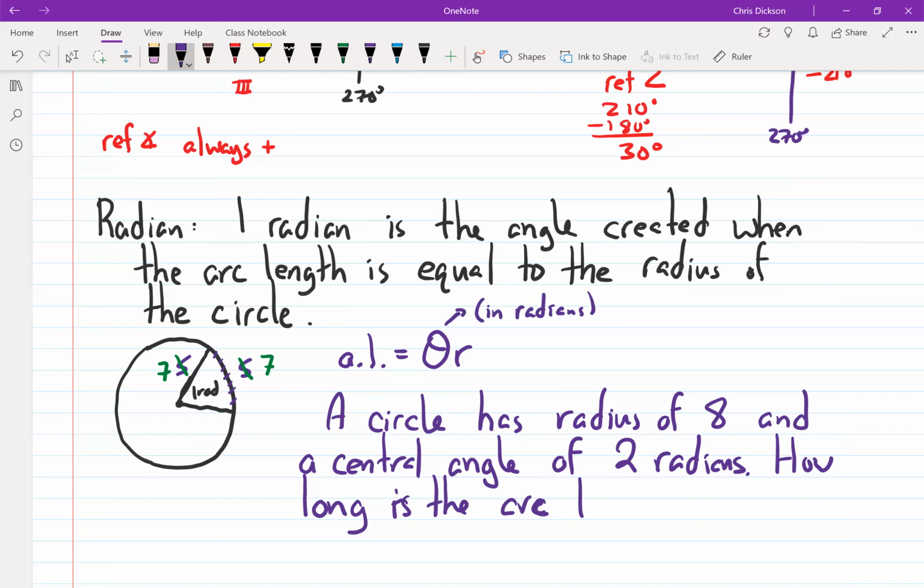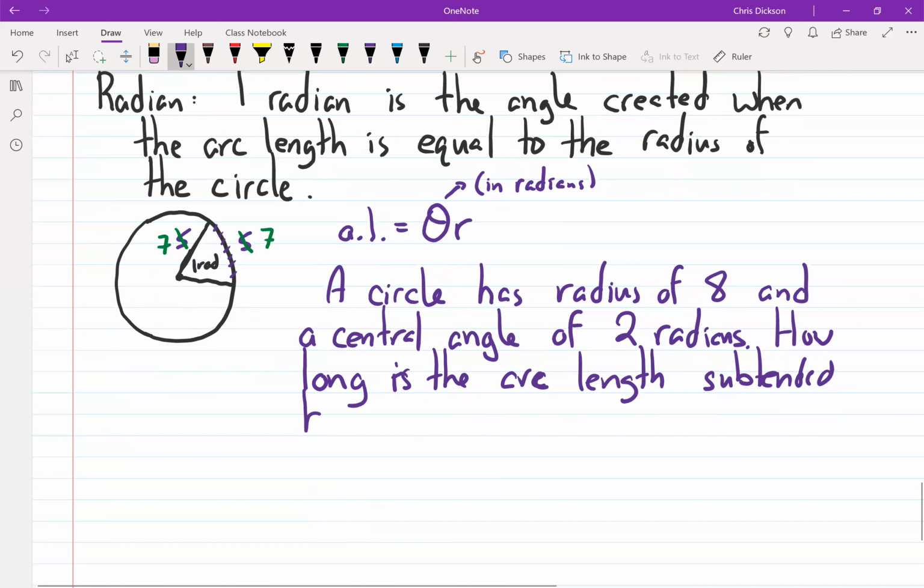How long is the arc length subtended by this angle? So that's quite a mouthful of words there. Now the word subtended means across from in math.